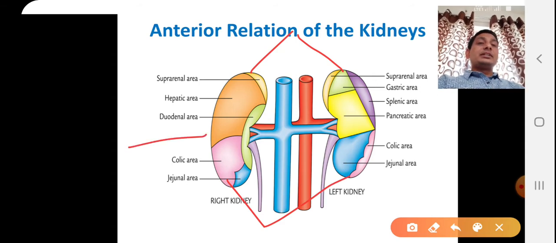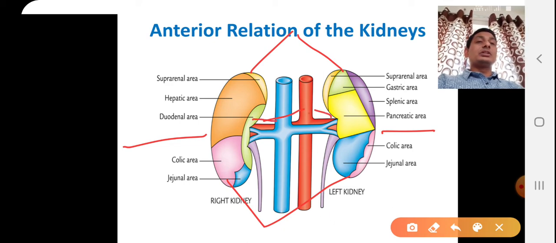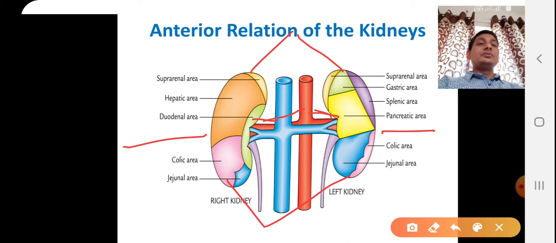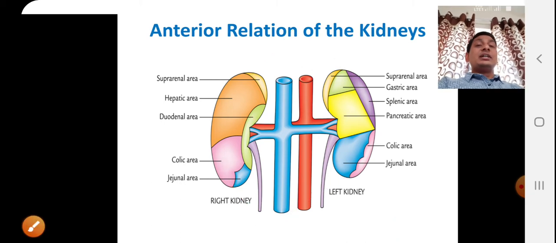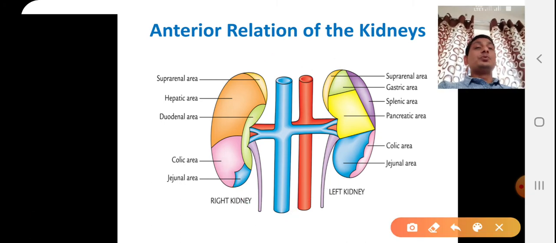This is the lateral border of the right kidney and the lateral border of the left kidney. This is the medial border of the kidney.